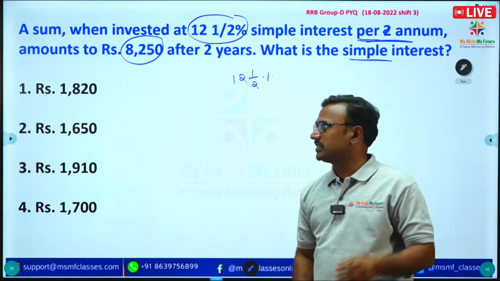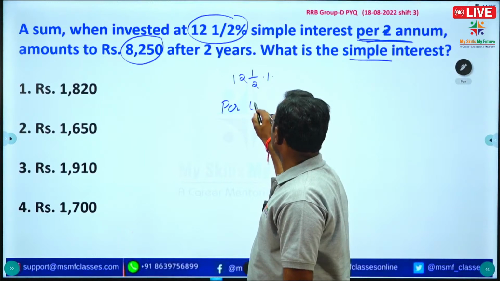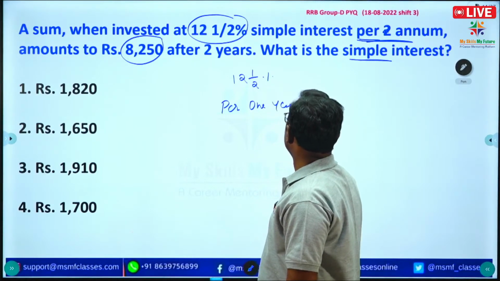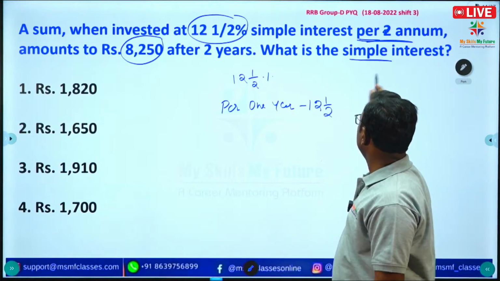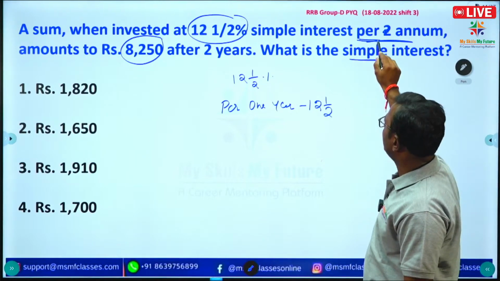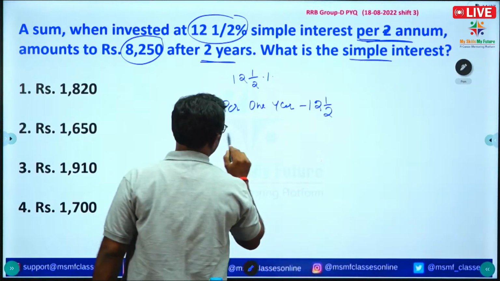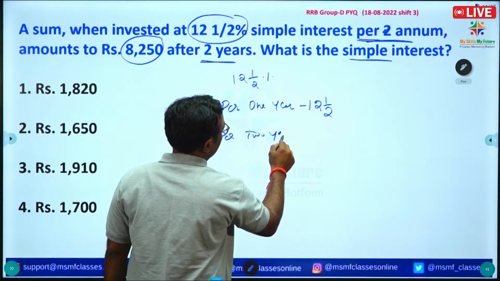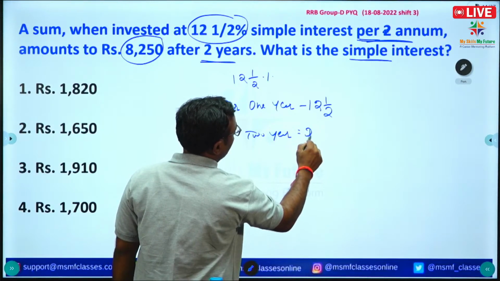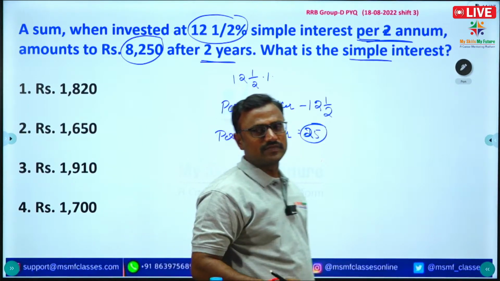So per 1 year the rate of interest is 12 1 by 2. They want the interest for 2 years, so we can double it, that is 25%.